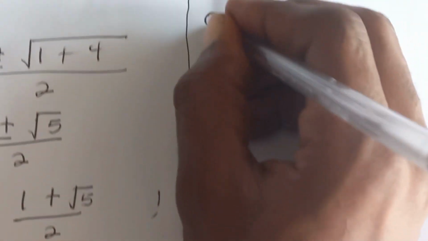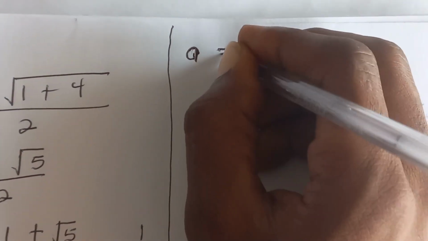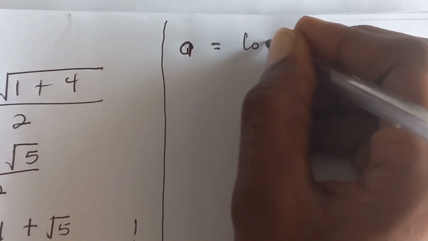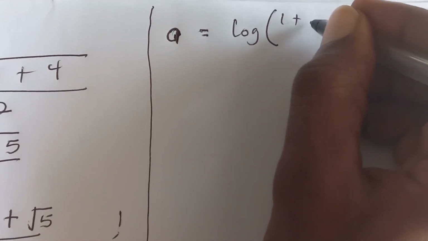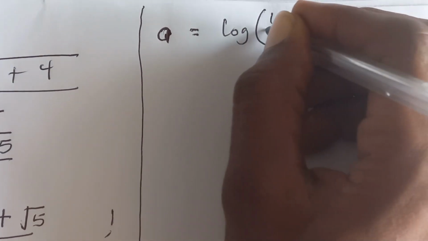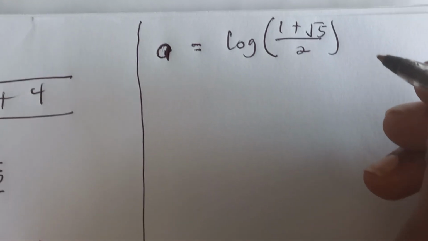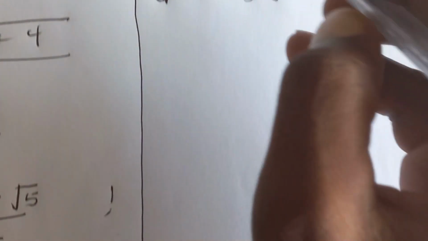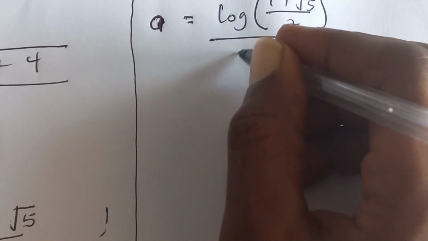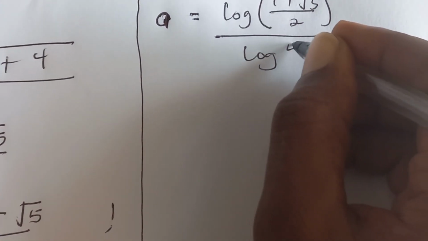Let's continue from here. Our a is log bracket 1 plus root of 5 all over 2, on log 4.